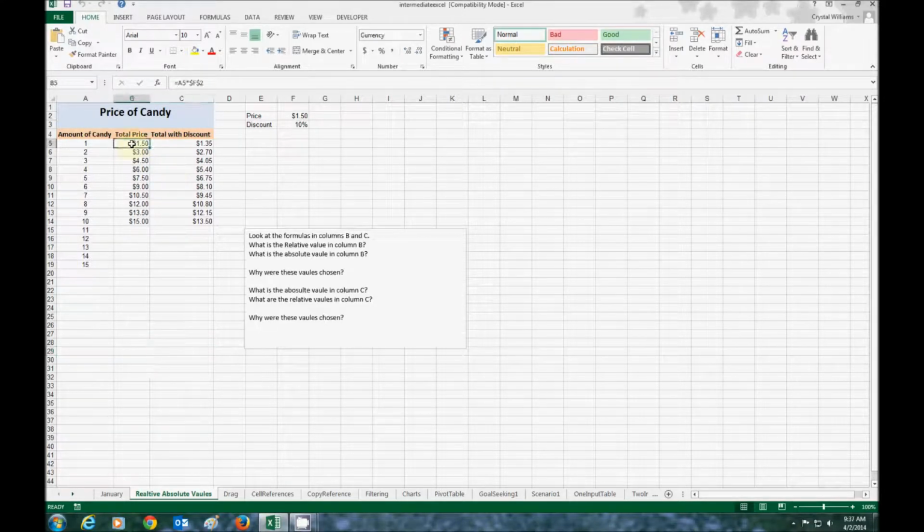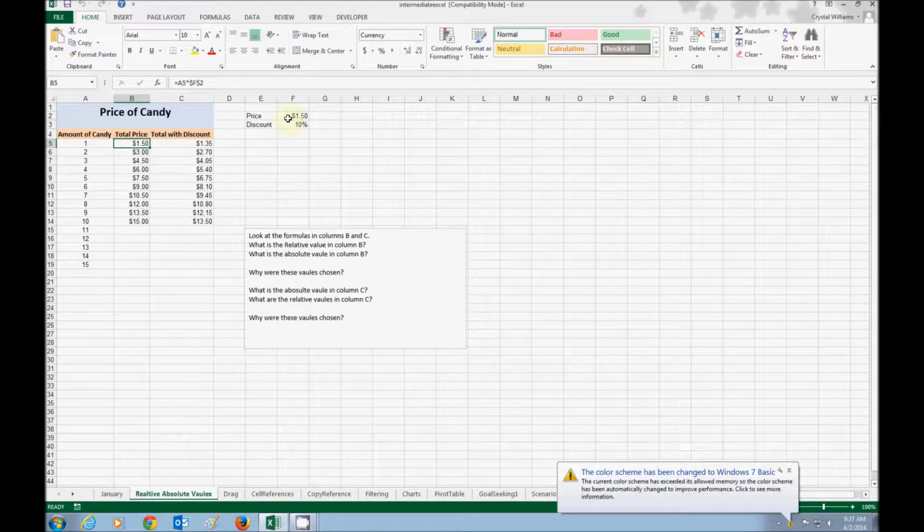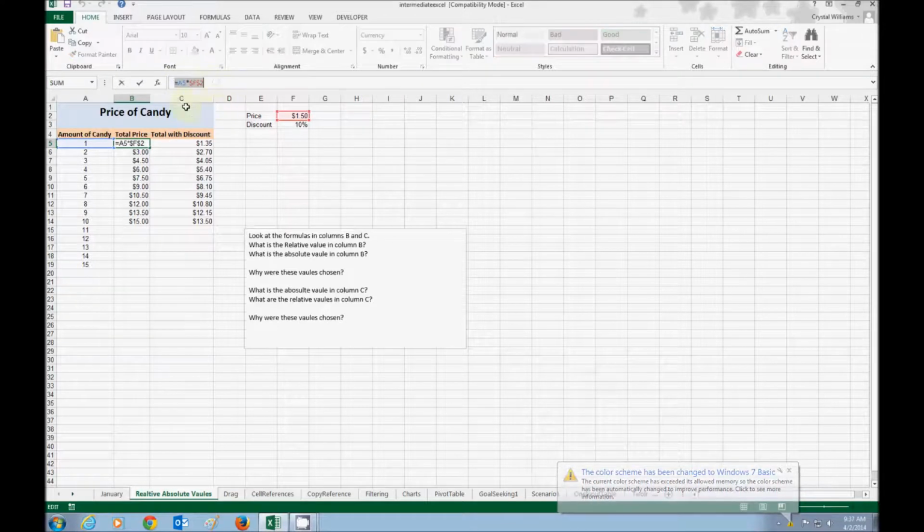If I click into cell B5, I can see a formula. The formula is finding the total price of the candy, so it's taking the amount of candy times the price of candy. In the formula bar, you'll notice that the amount of candy is a relative value.